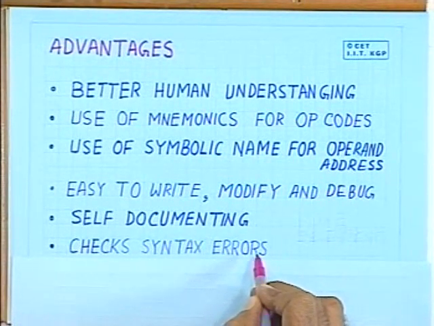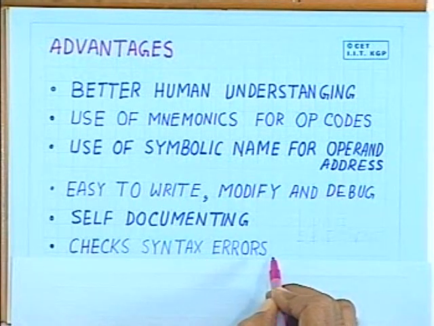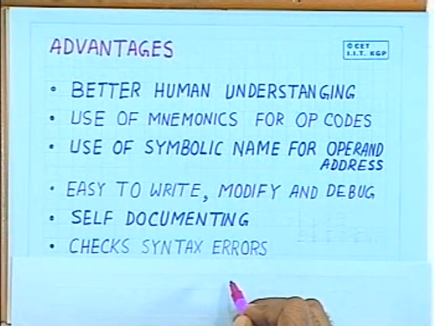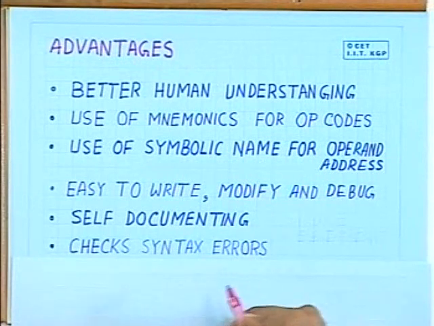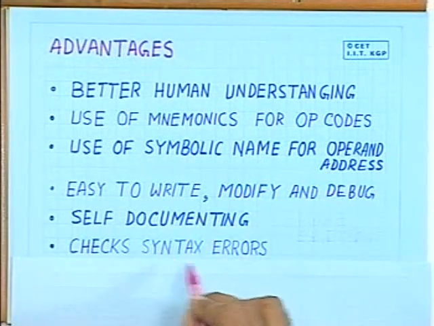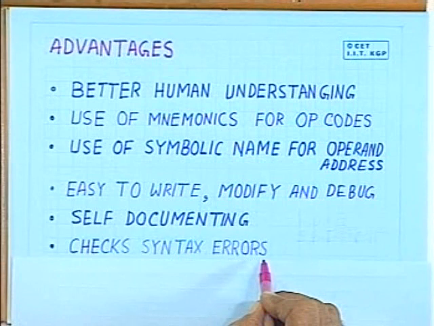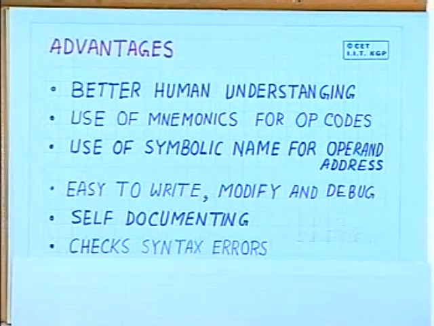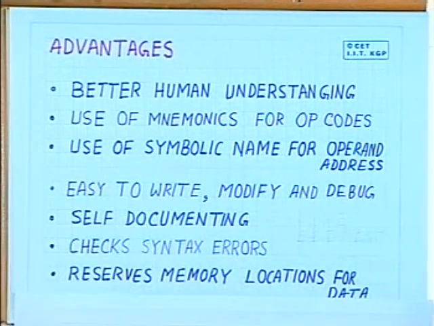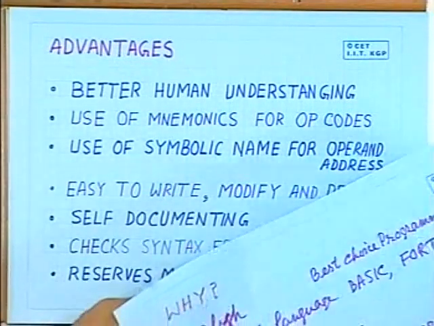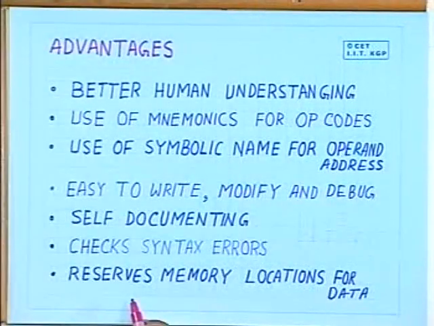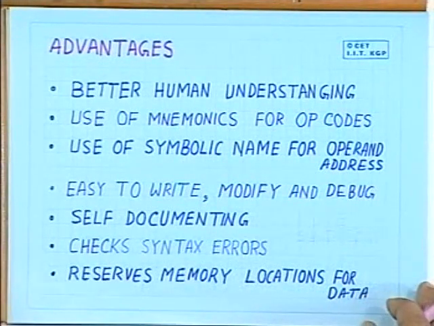So some of the errors will be detected by the program, and some of the errors will be eliminated whenever you write in assembly language, and you will be able to reserve some memory locations for data very easily by using assembly language.